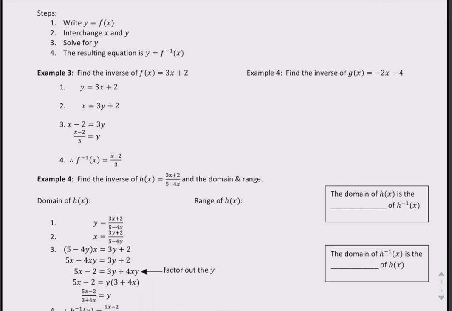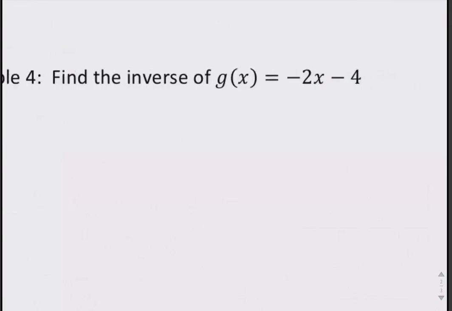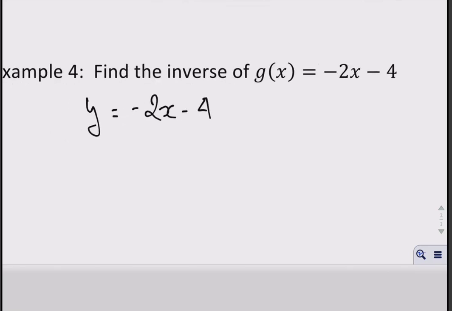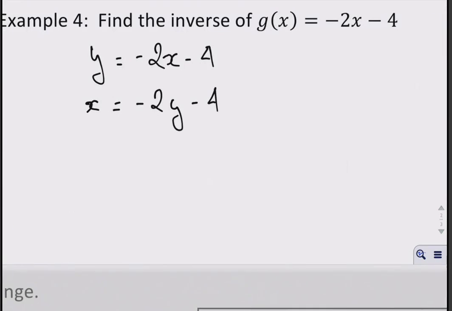Step number 1 says rewrite the function in terms of y. So instead of g of x, I'm going to write this as y equals -2x minus 4. Secondly, we interchange the x and y. So x equals -2y minus 4. Step number 3, we solve in terms of y.